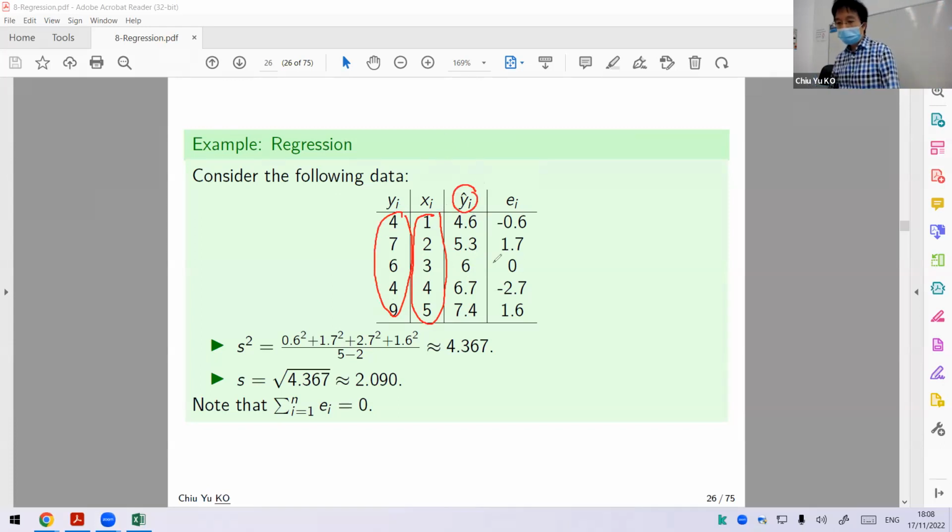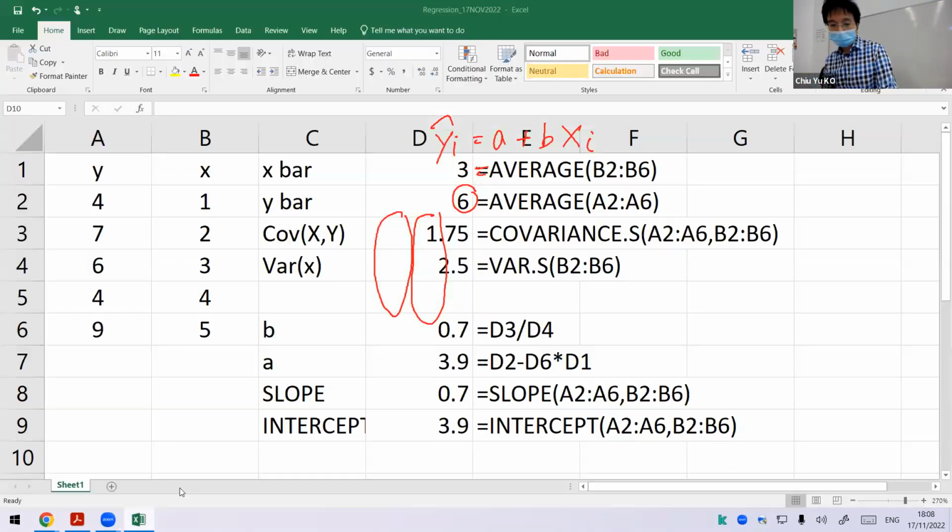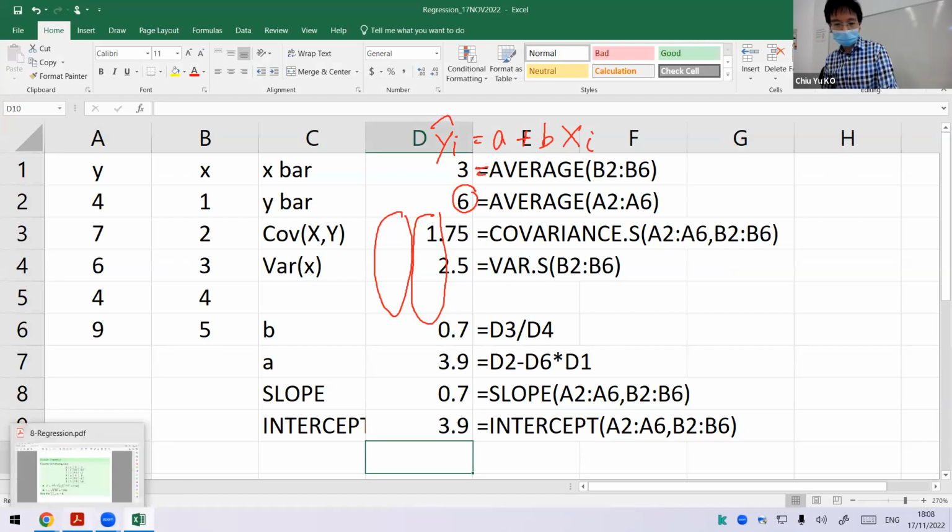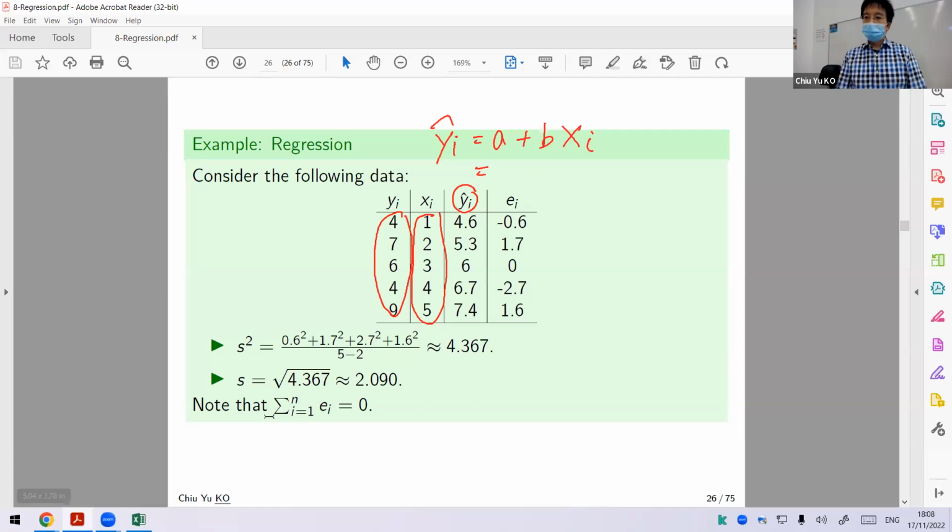This is A plus B X i. And A is, I forgot, A is 3.9 and B is 0.7.